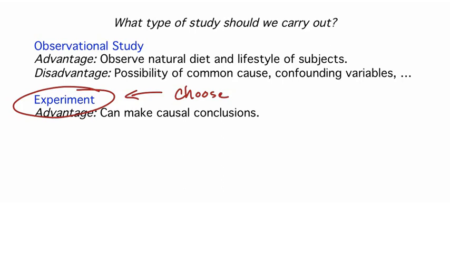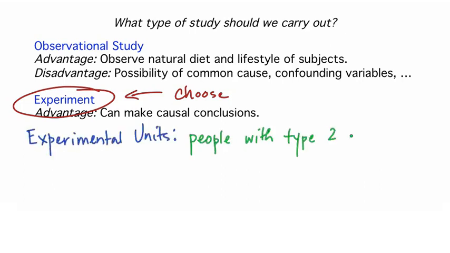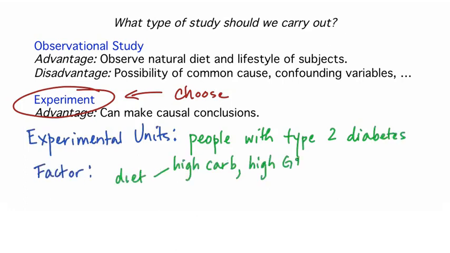For some of the subjects, these key foods were high glycemic index, and for the others, they were low glycemic index. To summarize this experiment, we have experimental units who are the participating people with type 2 diabetes, and we have one factor, diet, with 2 levels, high and low GI, and these are our 2 treatments.